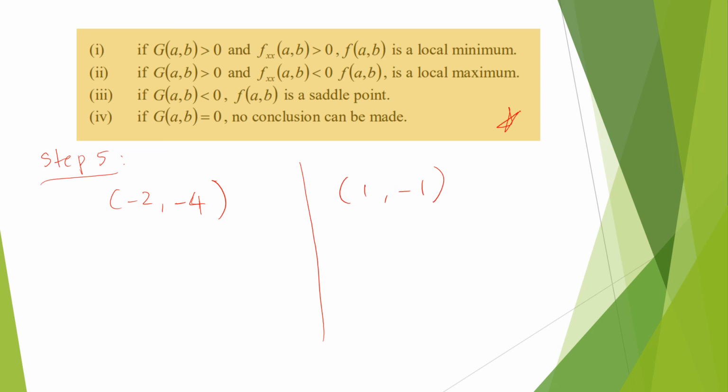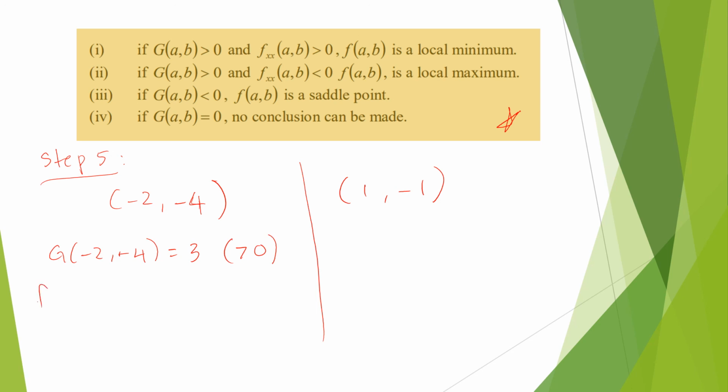Okay, at this critical point, our G equals to 3, which is greater than 0.